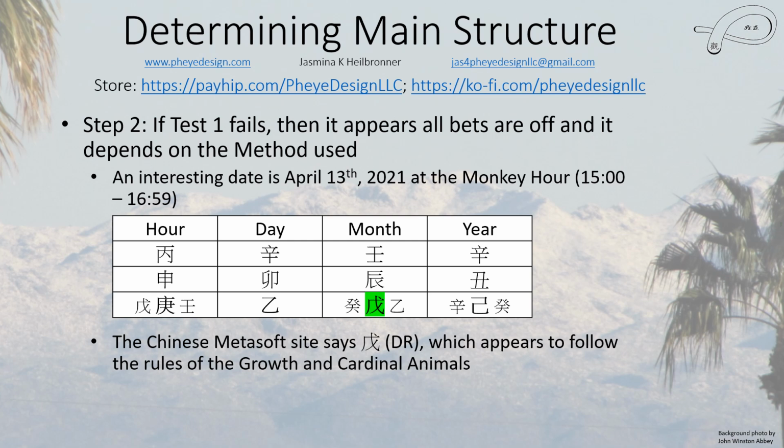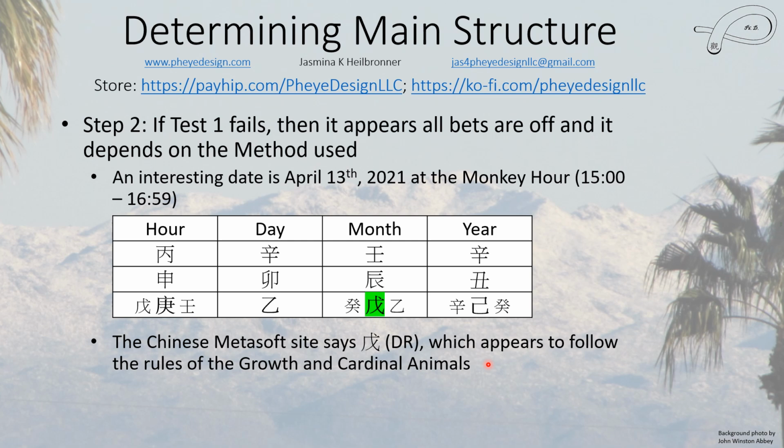That's probably why it's considered to be quite strong. So the Chinese Metasoft site says that the main profile, they call it the main structure, is actually Yang Earth, which looks like it follows the rules of the growth in the cardinal animals. And that is a little bit disconcerting, a little bit strange.